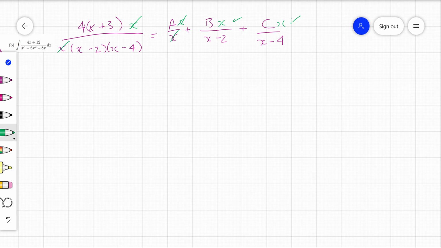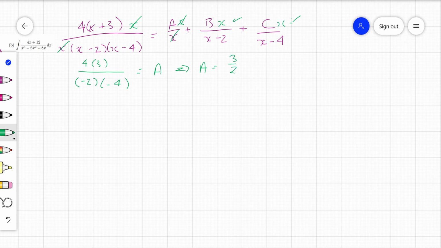On the left-hand side, we've got 4 lots of 3, so 0 minus 2 is minus 2, times 0 minus 4 is minus 4. That's what we've got on the left, and on the right we've got A. That's what they call covering up, because they're covering up this x here. So when we do that, we get A is 3 on 2.